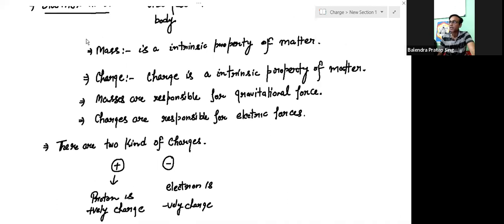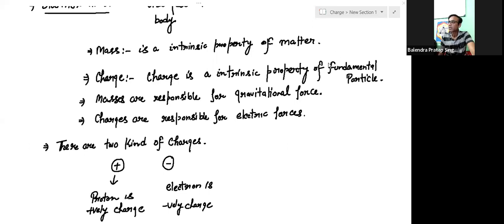One thing I want to modify in my definition: charge is an intrinsic property of matter, but if I say it precisely, we can consider matter as fundamental particle. So the better definition is charge is an intrinsic property of fundamental particle. Fundamental particle is also matter, but it's better to say fundamental particle. This is the correct definition of charge.